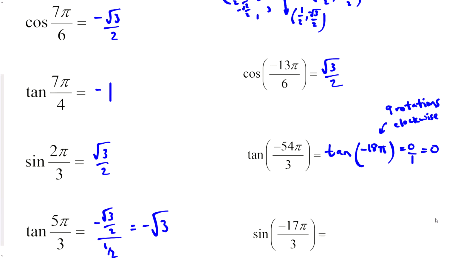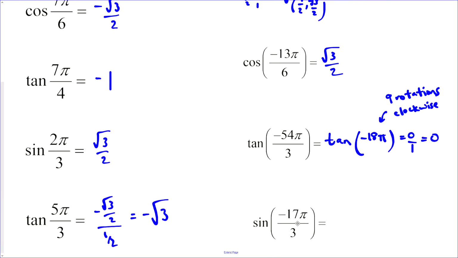The last one on this page is sine negative 17 pi over 3. Now some people like to subtract off full rotations to simplify it that way. Subtract or add full rotations. We can count this one back by thirds.